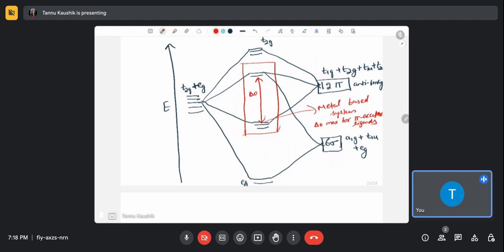So now you can take sigma donor, pi donor, and pi acceptor ligands, and you can easily draw this molecular orbital diagram. So this was the basics I wanted to cover, but there is more to it.